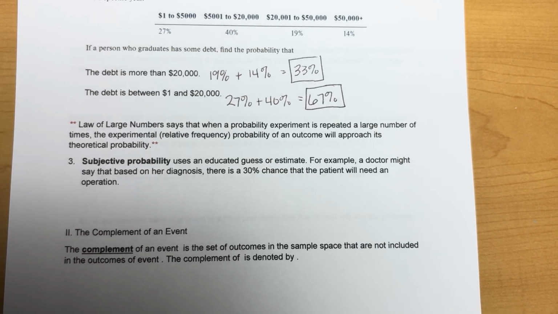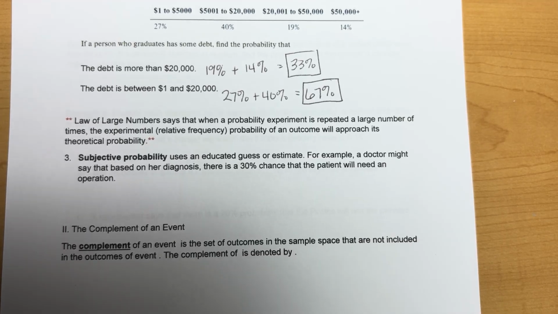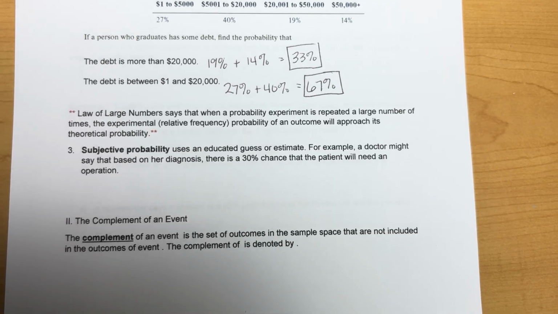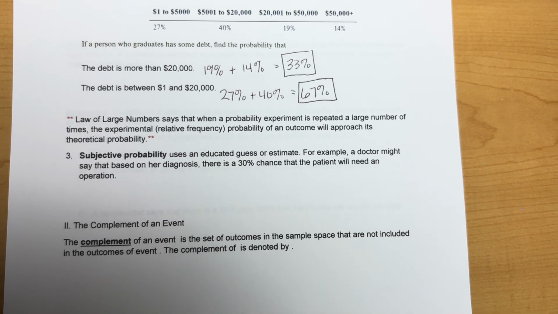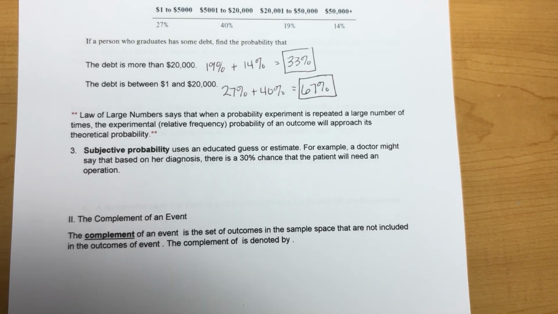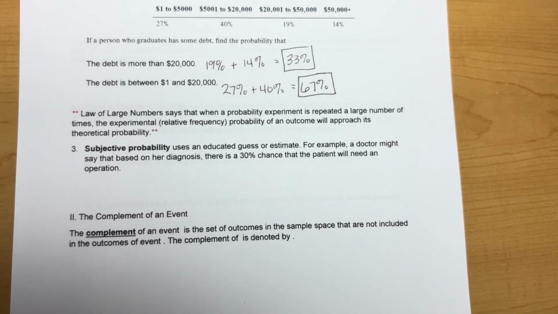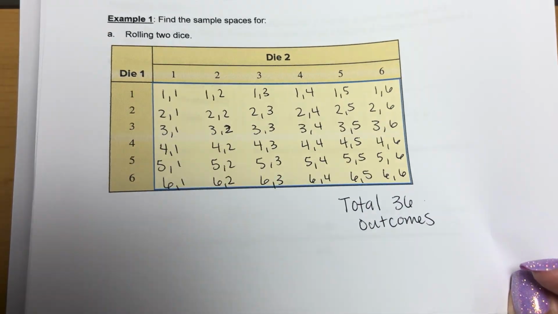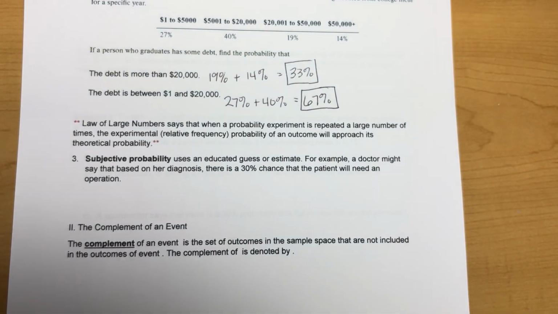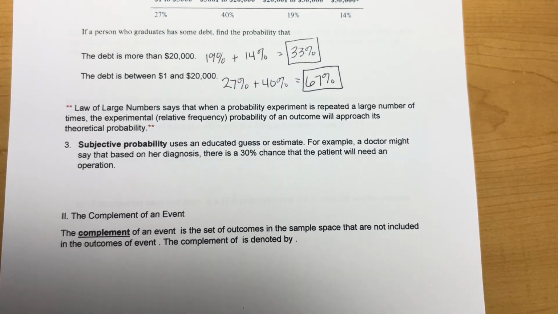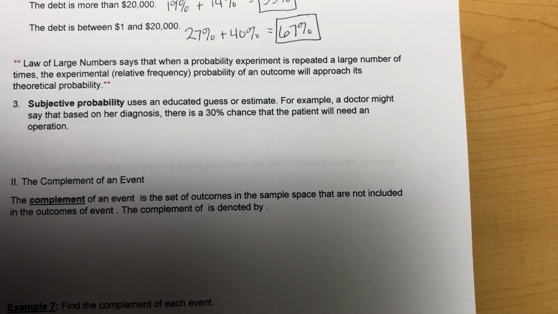But say we roll double dice 500 times, it's going to get closer and closer and closer to the probabilities that we have from this table, okay?